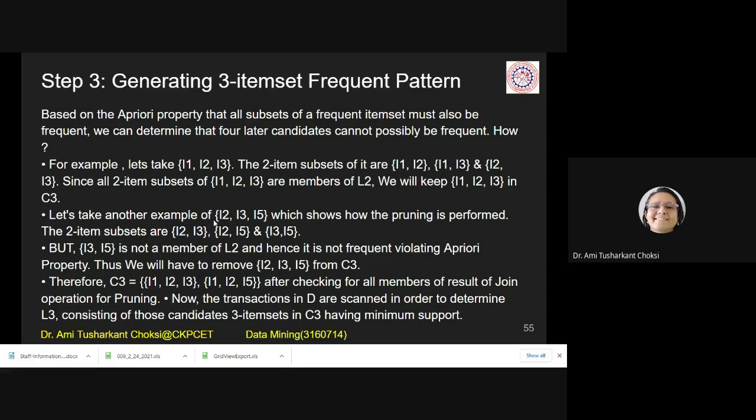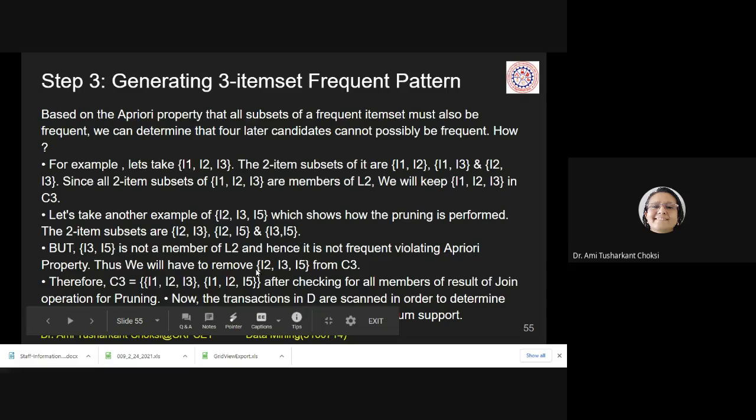In the same way, take I2, I3, I5. Its subsets are I2, I3, I2, I5 and I3, I5. But I3, I5 was not a member of L2, so we haven't considered that in C3. Isn't it?